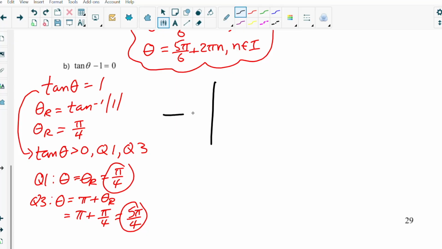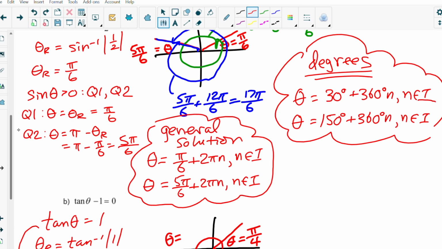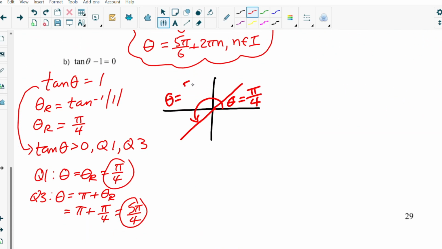How do I think about this in terms of an infinite domain? All right, let's map these two out. Pi over 4 and 5 pi over 4. Pi over 4, 2 pi over 4, 3 pi over 4, 4 pi over 4, 5 pi over 4. So there's theta equals 5 pi over 4.